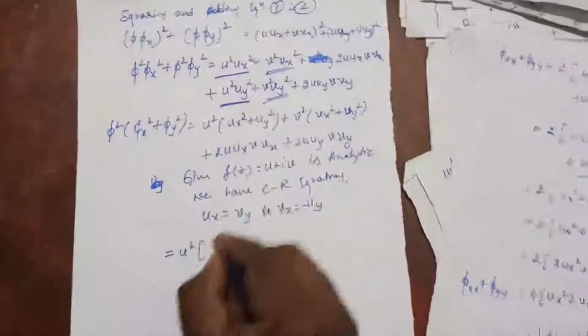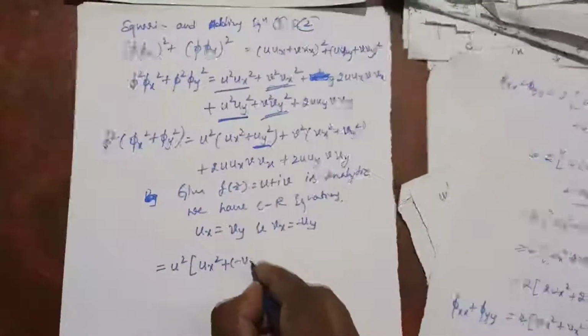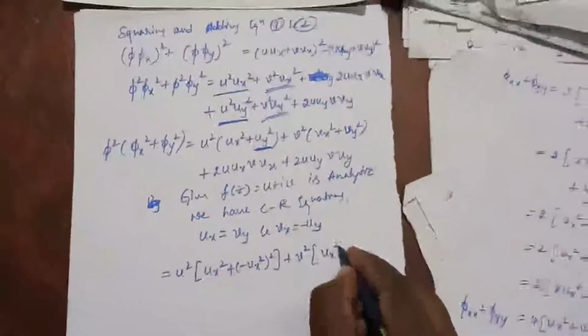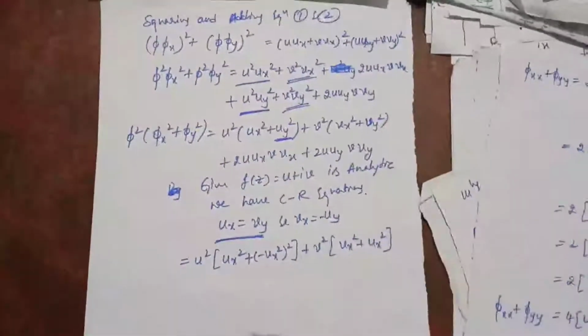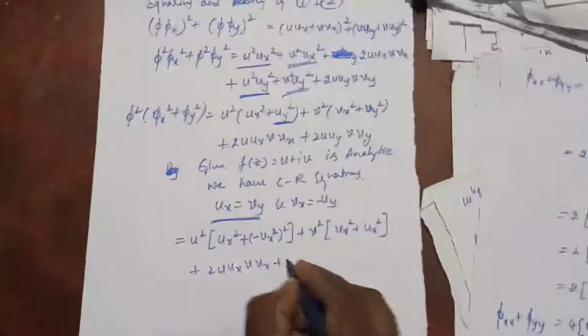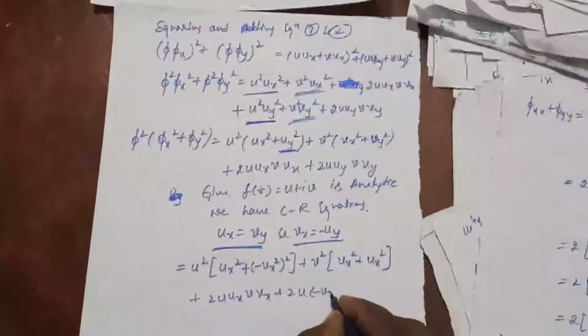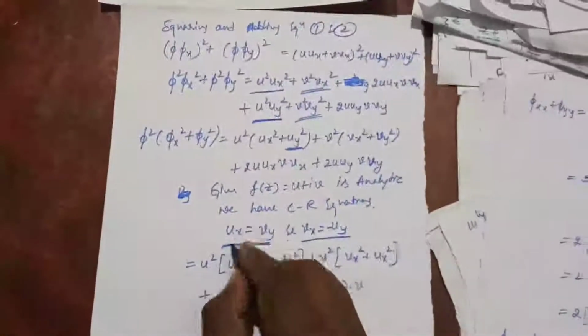By using these two, u square, here u x square; in place of u y we write minus v x square, plus v square, v x square as it is; in place of v y we write u x square, plus 2 u u x v v x as it is, plus 2u, in place of u y we write minus v x, into v, in place of v y we write u x.